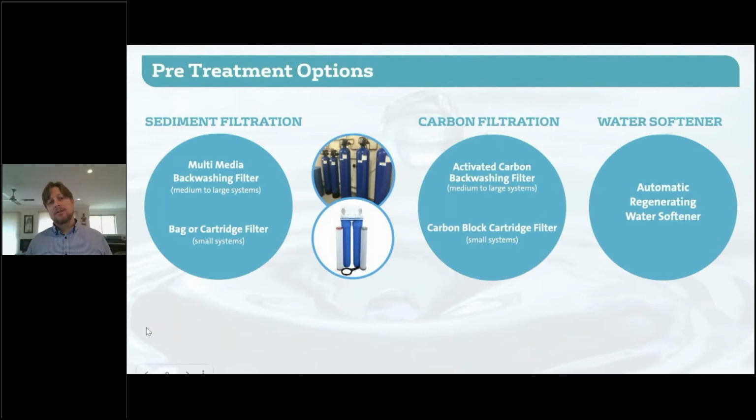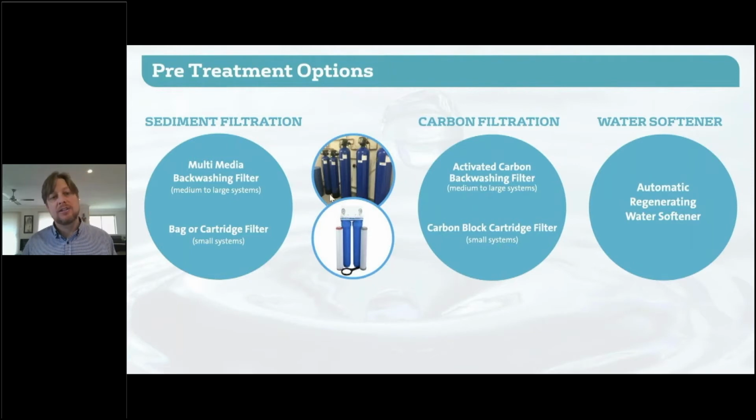So sediment filtration is basically to take the solids out of the water. It's as simple as that. We are filtering out dirt or organics, anything like that, that even potable water will have some of. So on a smaller system, it may be as simple as using cartridge filters or bag filters.